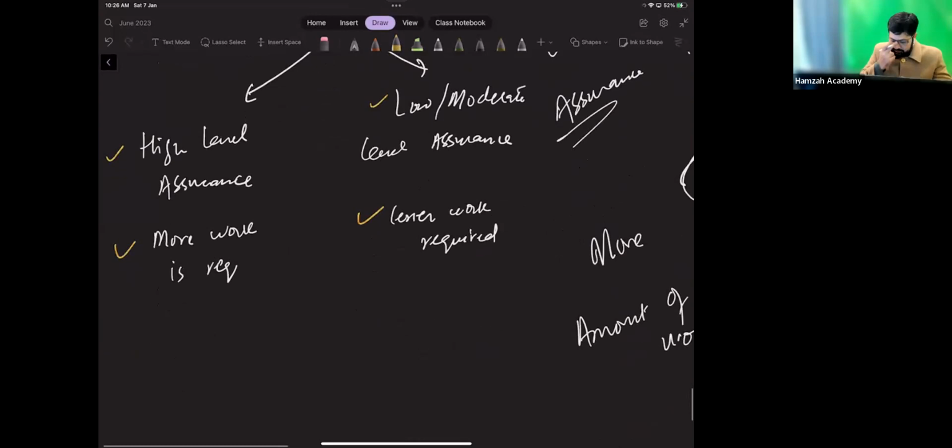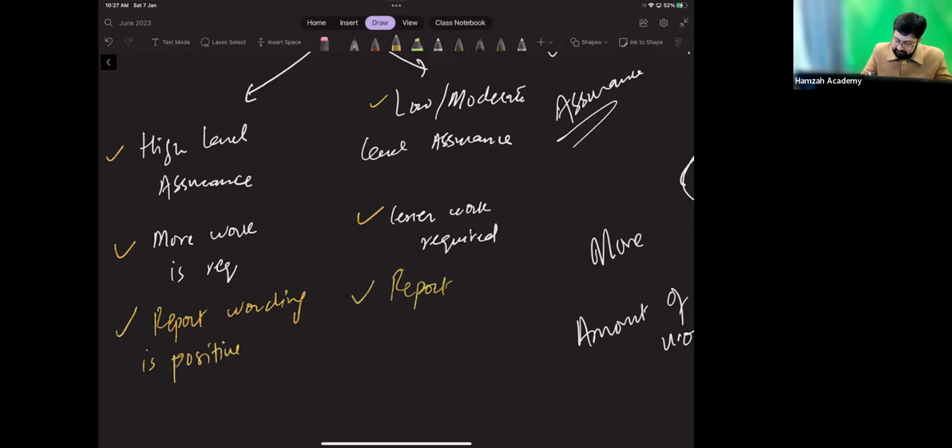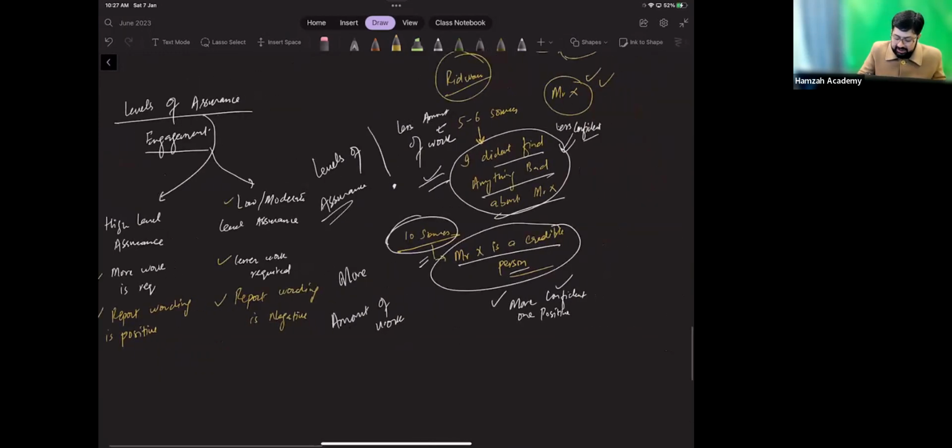One more thing we have learned. In the higher level of assurance, report wording is positive. Here, report wording is negative. Wording, I'm not saying the report is negative, only the wording is negative. You see here, I didn't find anything bad. Negative wording, less confidence.